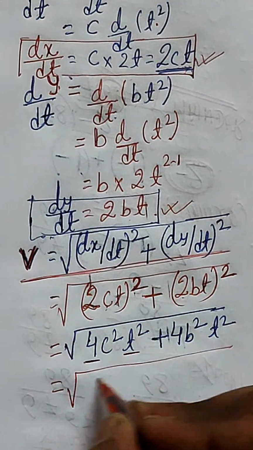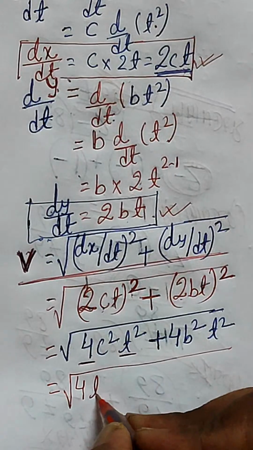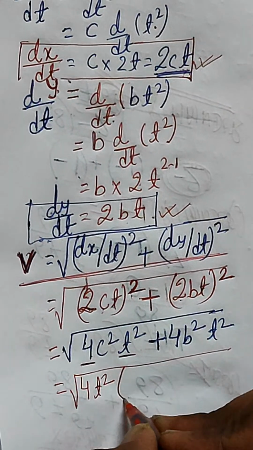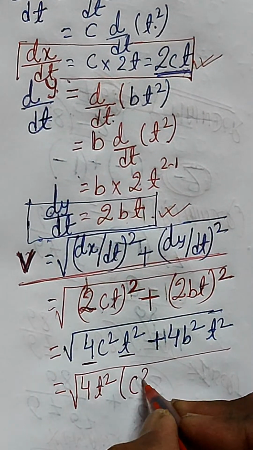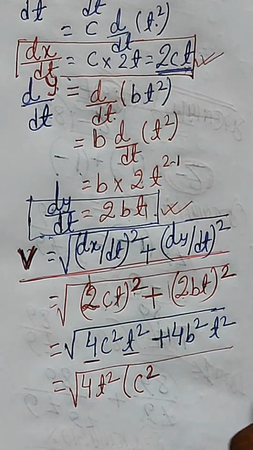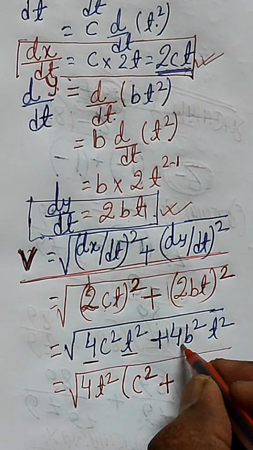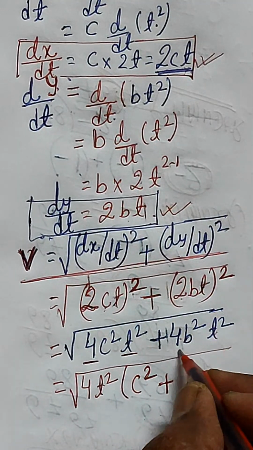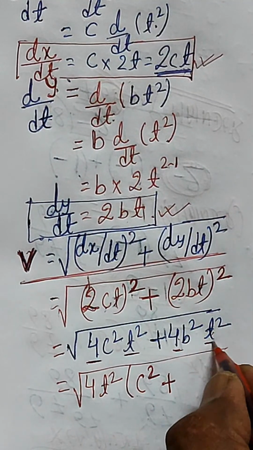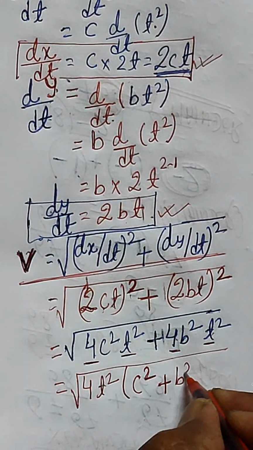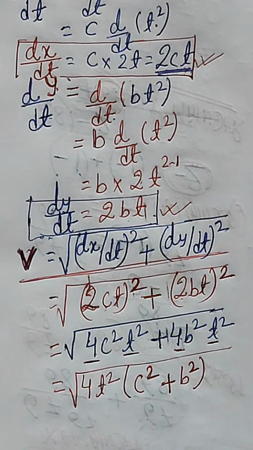So what we can do, we can write 4t square as common, and inside the bracket we are left with c square plus what, 4t square is common from the second term also, and we are left with b square, right?